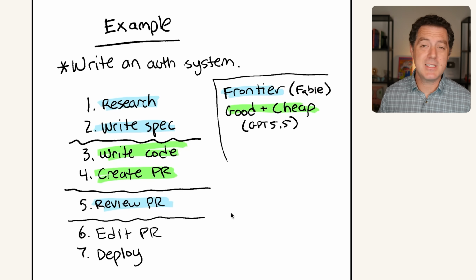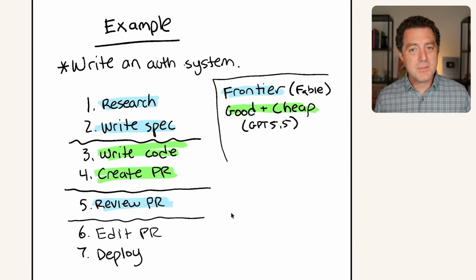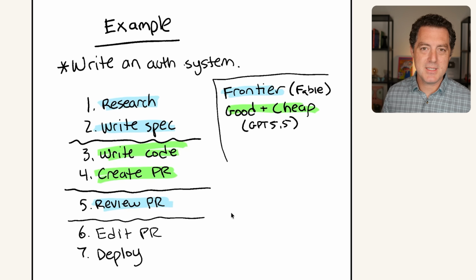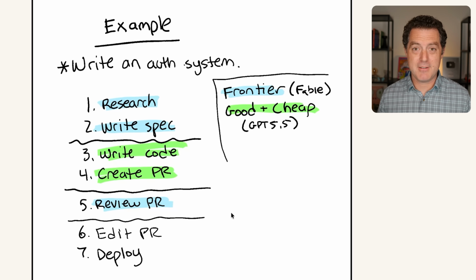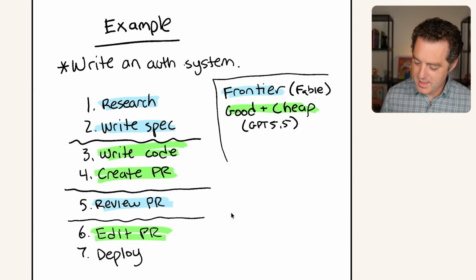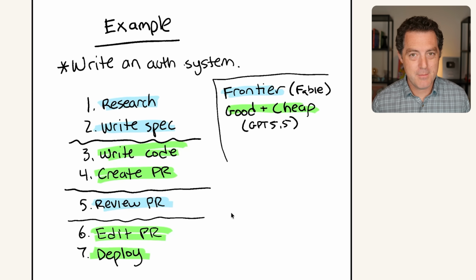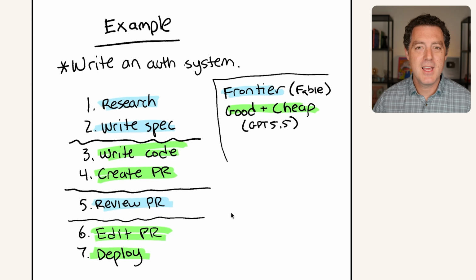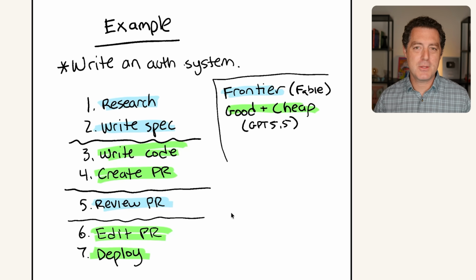And I just literally say, review this PR. Sometimes it has feedback, sometimes it doesn't. If it does have feedback, I copy that feedback back into the cheap coding model and I have it edit the PR. And then finally, I have that cheap coding model deploy the PR for me. And so you can start to see how this back and forth between different models actually works.